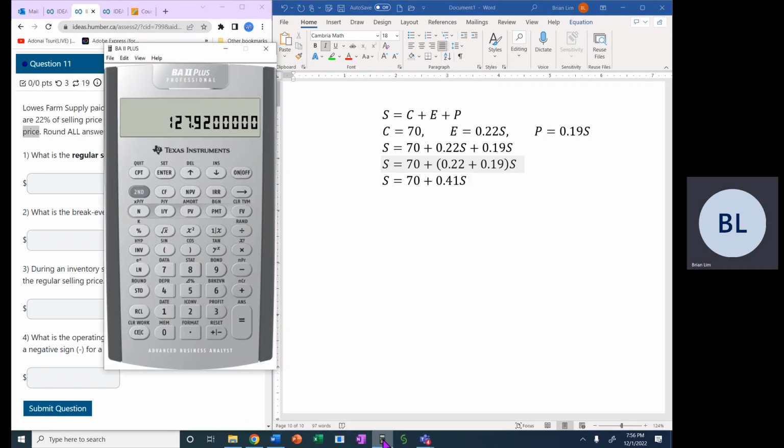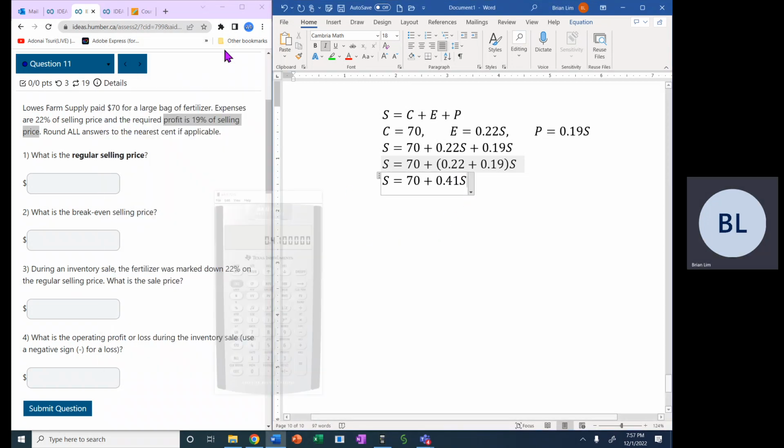Let's just check that with the calculator. So we have 0.22, and to that we add 0.19, and that gives us 0.41. So that is correct.